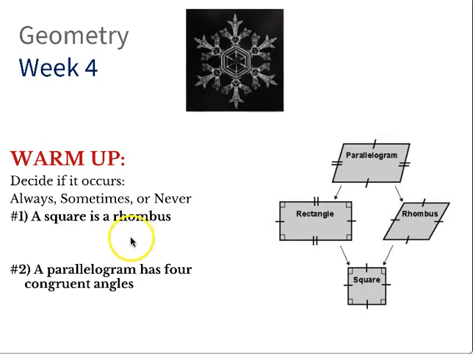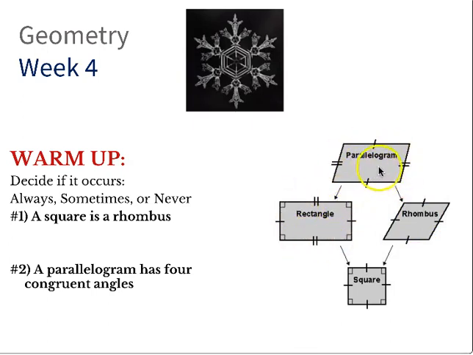All right, so the first prompt was a square is a rhombus. Remember how this flow chart works: a parallelogram is our most basic type of quadrilateral we've learned about so far. And then we learned special types of parallelograms. So a rectangle is a parallelogram.